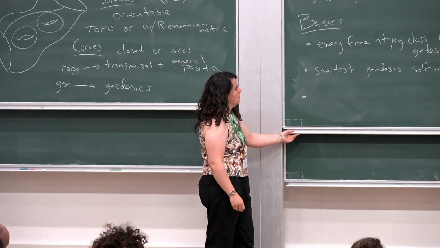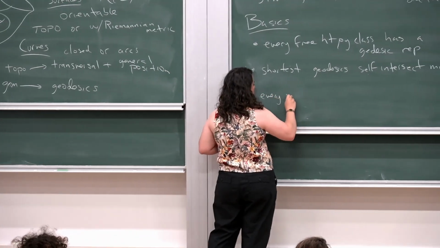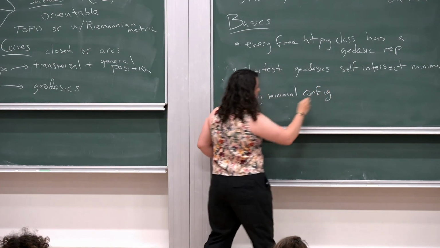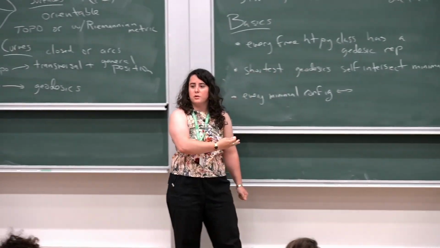And the last thing that I want to say here, I guess, is every minimal configuration, and I will say what that means in a second, corresponds to a geodesic in some metric.